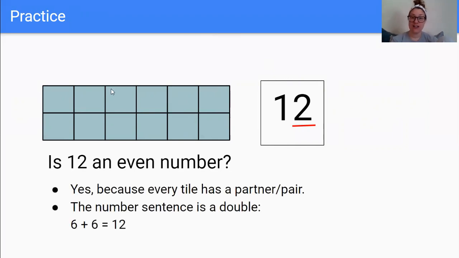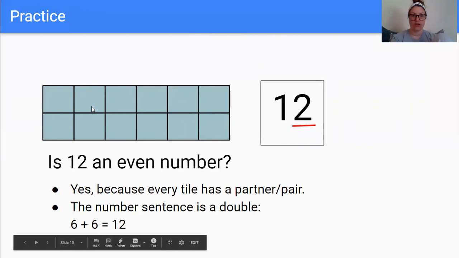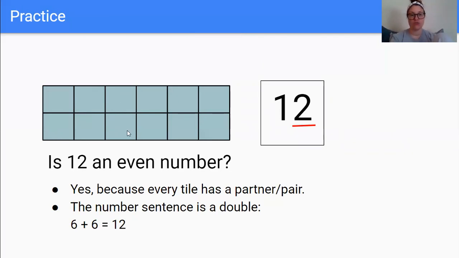Every square tile has a partner or pair. Nobody's left alone. The number sentence is a double because you have 1, 2, 3, 4, 5, 6 in the first row and 1, 2, 3, 4, 5, 6 in the second row. So 6 plus 6. And again, this digit in the ones place is a 2. If it's a 2, 4, 6, 8, or 0, it's going to be an even number.